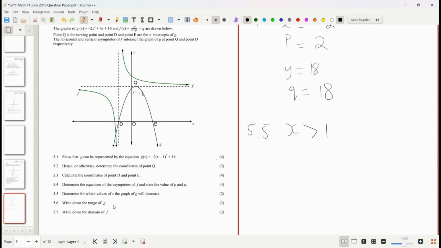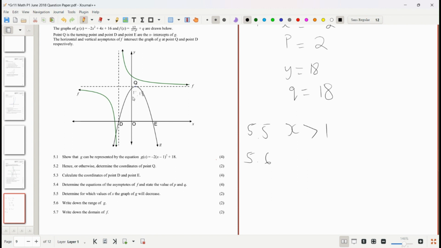And then moving forward, they want us to write down the range of g, right? So remember, the range refers to the y values. If we look at the y values, the maximum y value of g is 18 here. So it has to be from 18.